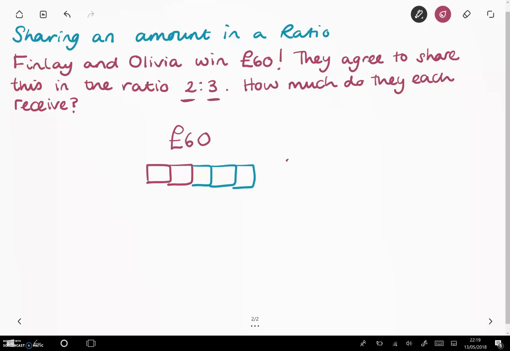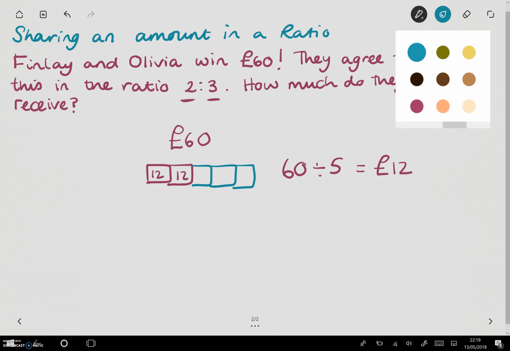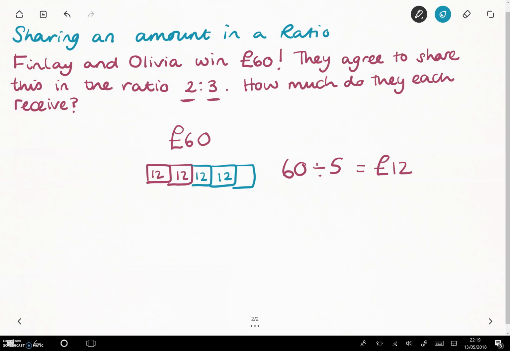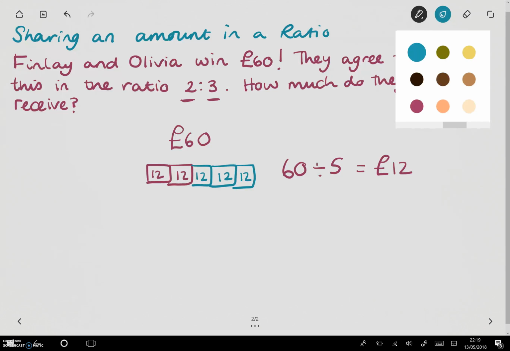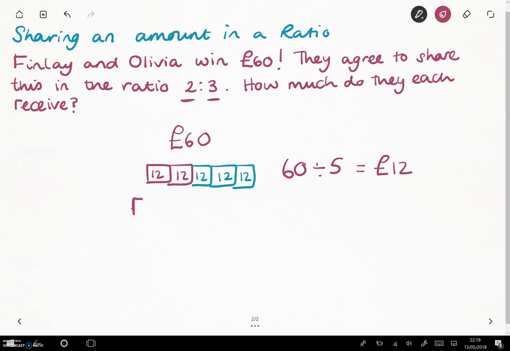Okay, so 60 divided by 5 is £12 per part. So that means that Finley gets 2 lots of £12 and Olivia gets 3 lots of £12. So I write it out underneath.